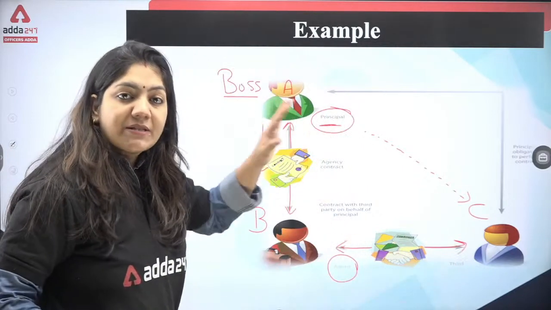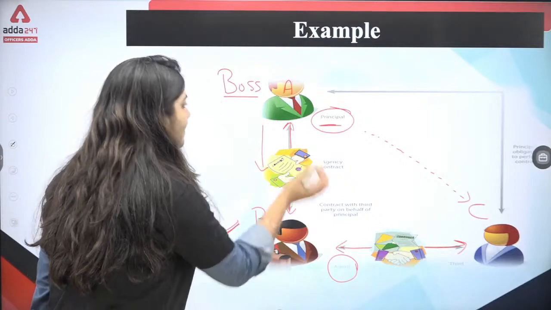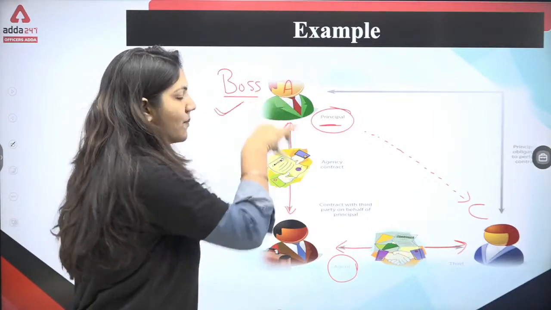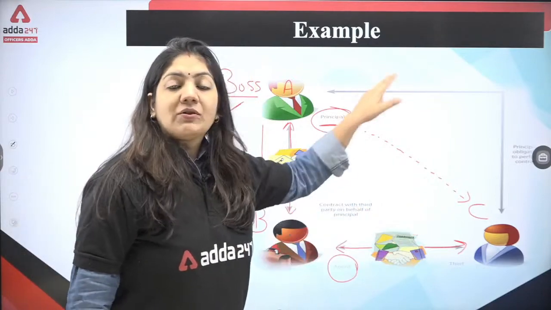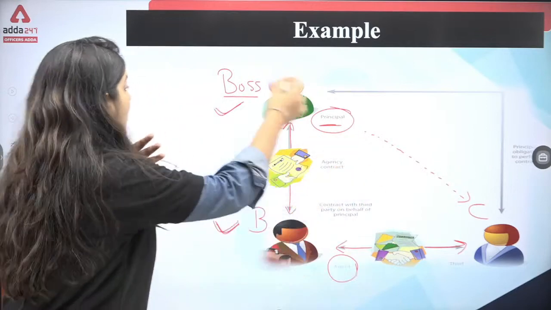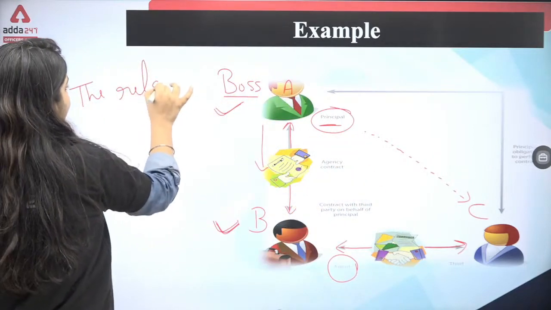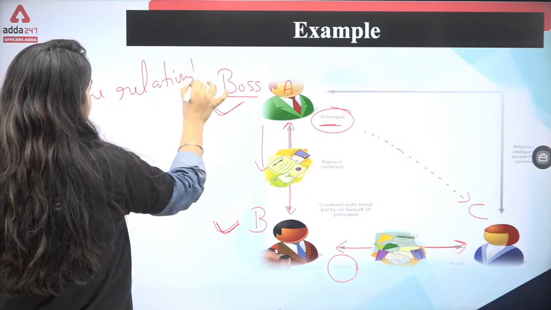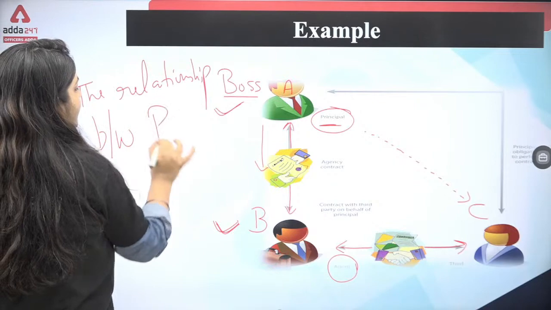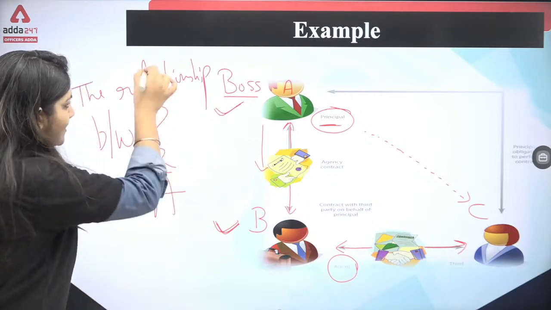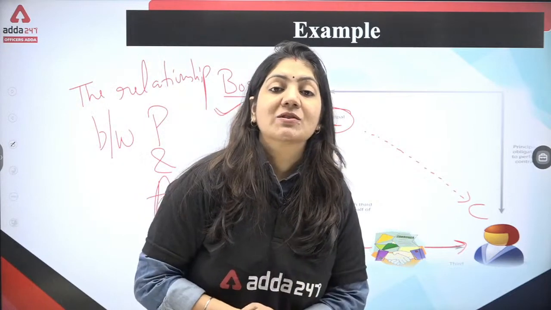Now it will be assumed that whatever work is done by B is done by the boss or principal. That is called a contract of agency. So the contract of agency is the relationship between principal and agent. That is called agency.